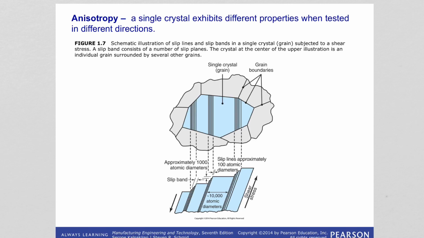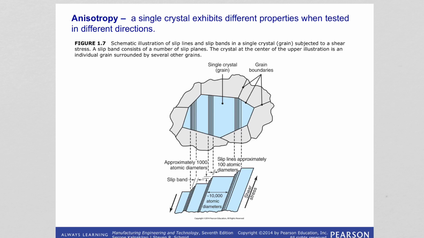It is basically a single crystal that exhibits different properties when tested in different directions. So that means, let's say we have a single crystal, right? Atoms are aligned in a certain direction.